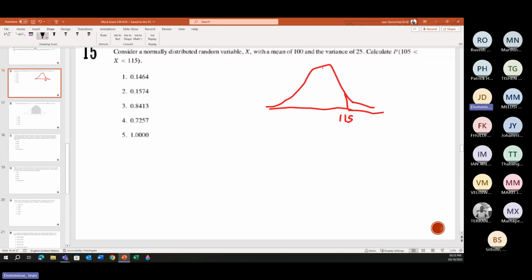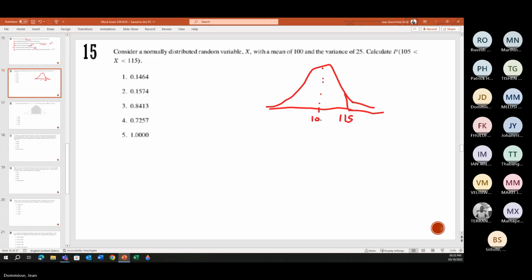Because if we draw in the mean that is in the middle, we see that the mean is 100, and 105 is going to be somewhere there. So we're going to need to work out the area that is now highlighted in red. Just by looking at that, the probability can't be 1. There's just no way, because then it should have been everything.